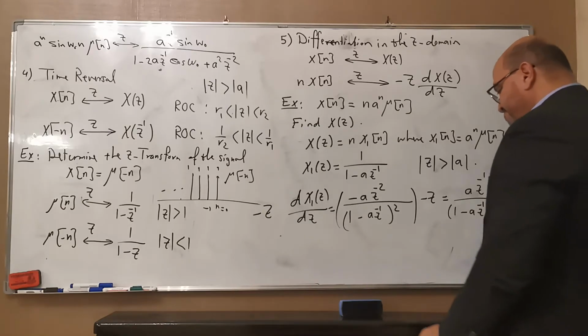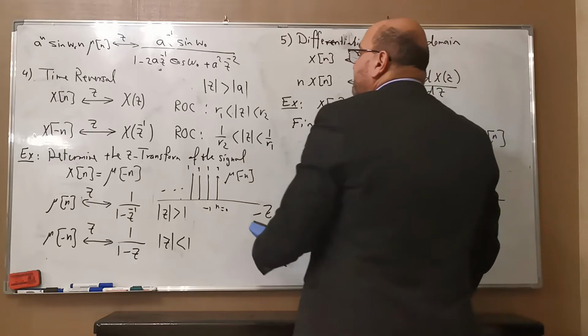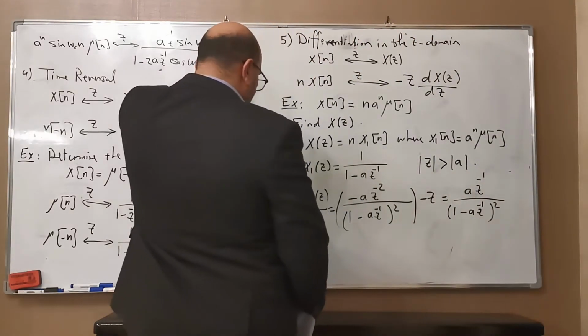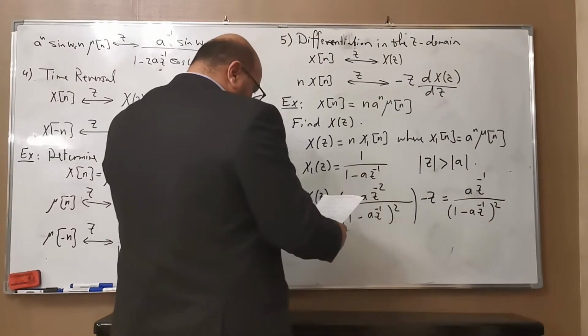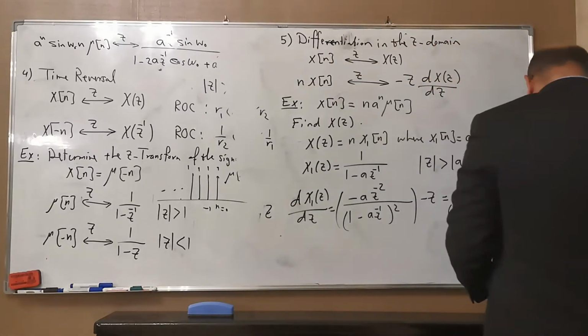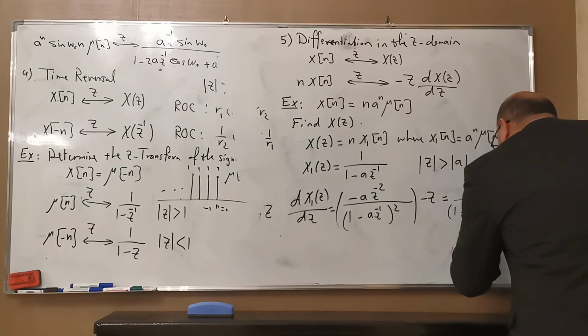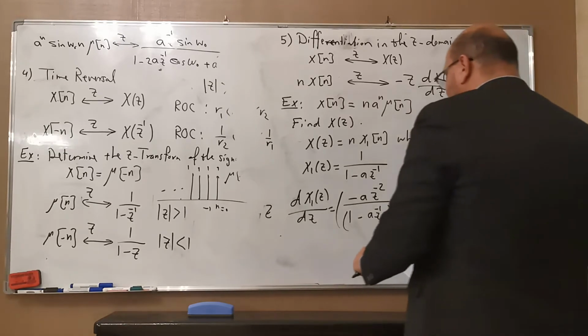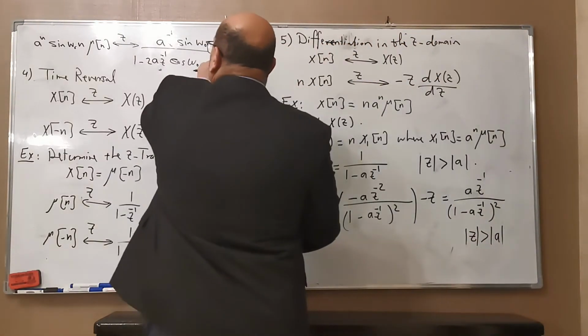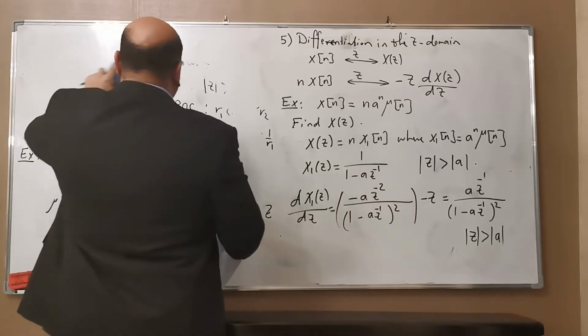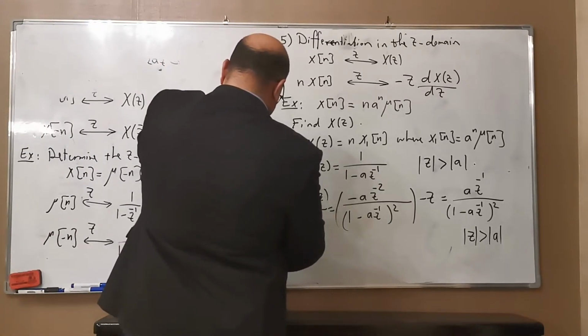Okay. Of course, the magnitude of z is also greater than the magnitude of a. The same region of convergence as the sequence itself.